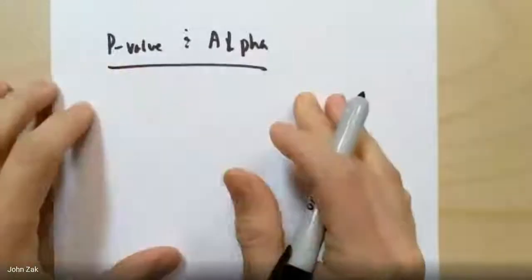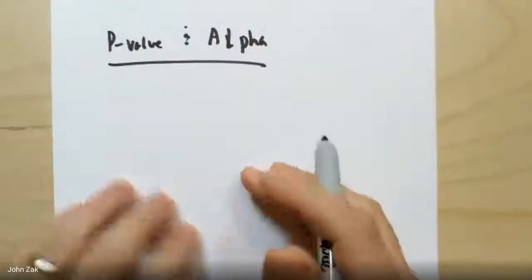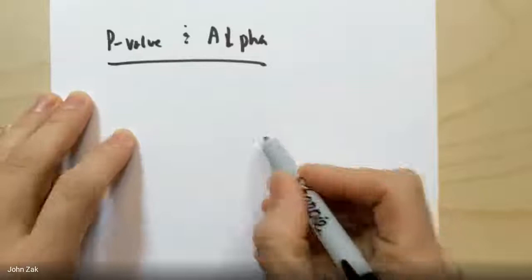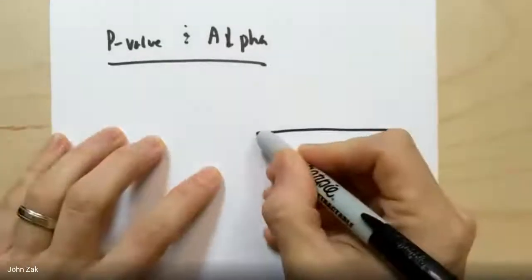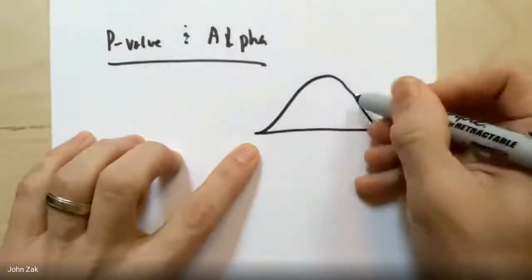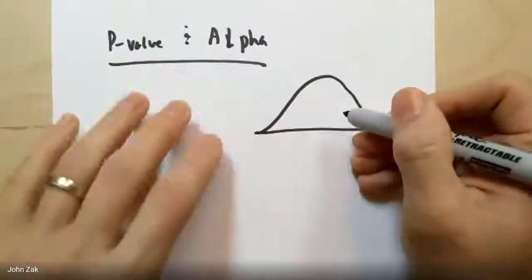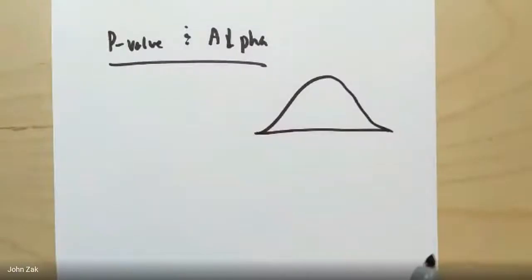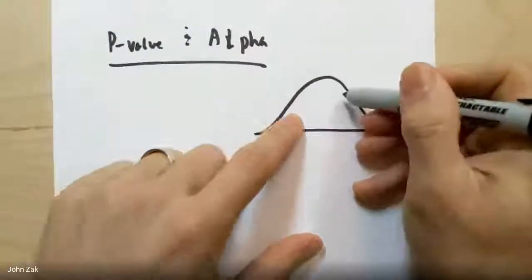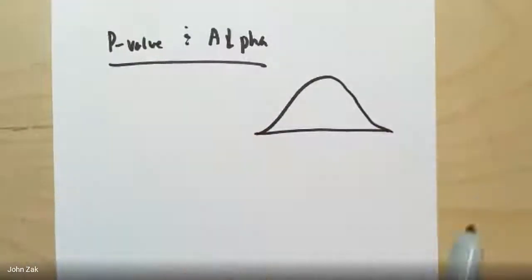Let me give you the most essential basic of it. When we have a significance test, we'll frequently use a normal distribution. Later on, we'll use t-distributions or even chi-square distributions to calculate a particular p-value.